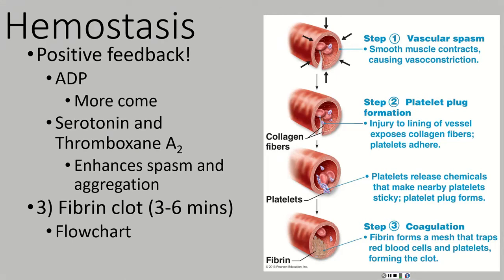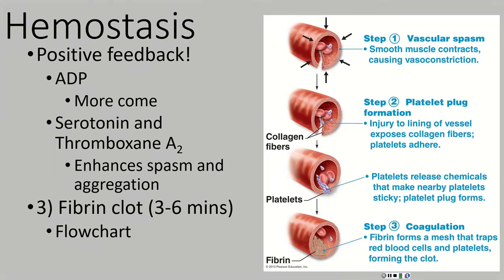And then they're going to release more ADP, which causes more platelets to come, to get caught, and that's our positive feedback. The more platelets come, the more ADP is released. The more ADP is released, the more platelets come. So it's causing a positive feedback loop. It just keeps magnifying and magnifying.